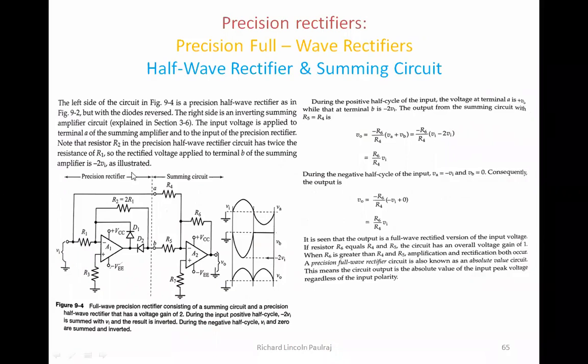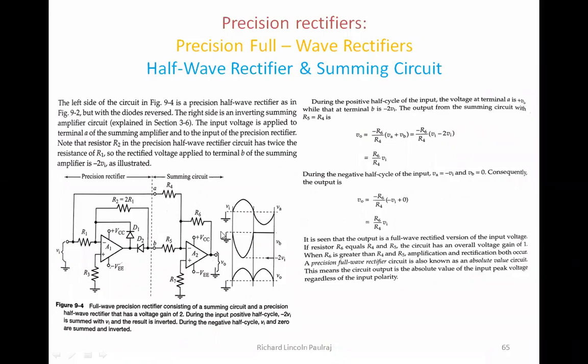So the left side of the circuit is a precision half-wave rectifier, just like we have seen previously, but the diodes are reversed. Only that. Apart from that, it's all the same. Similarly, we have point A and point B here. The input voltage is applied to terminal A of the summing amplifier through a resistance, and it goes to the non-inverting terminal.